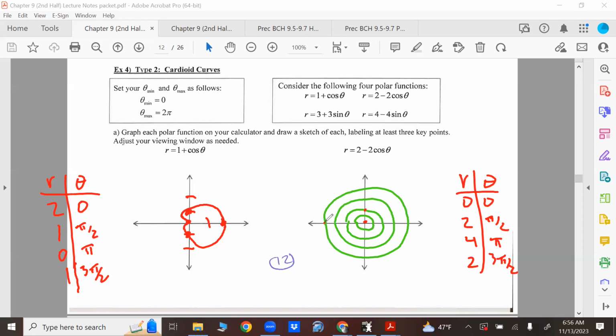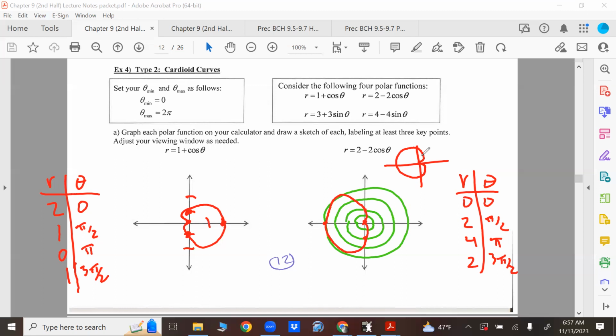Pi is a circle of 4, r equals 4. 3 pi over 2 is at 2. So the cardioid is going to look like this. It has this little divot in the middle. I know I didn't quite show it the best I could, but it's kind of like that. That's a little bit better. That's what you would get.